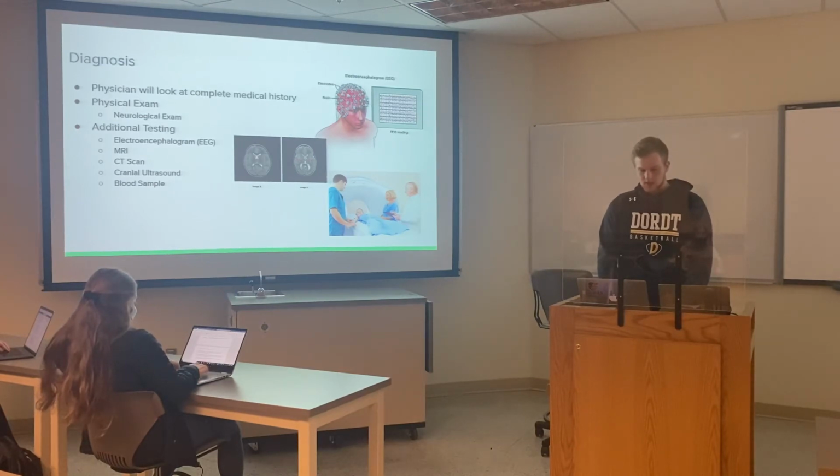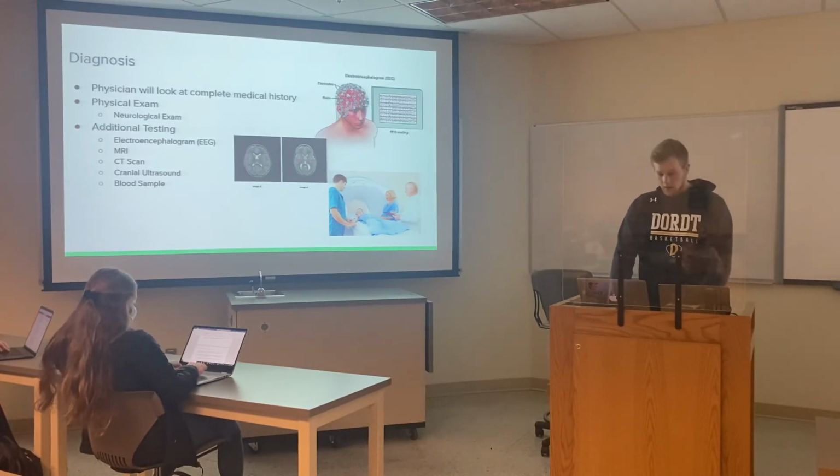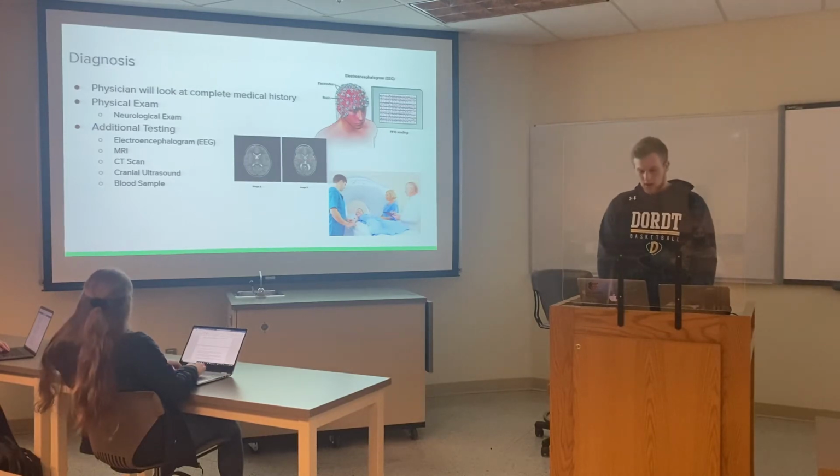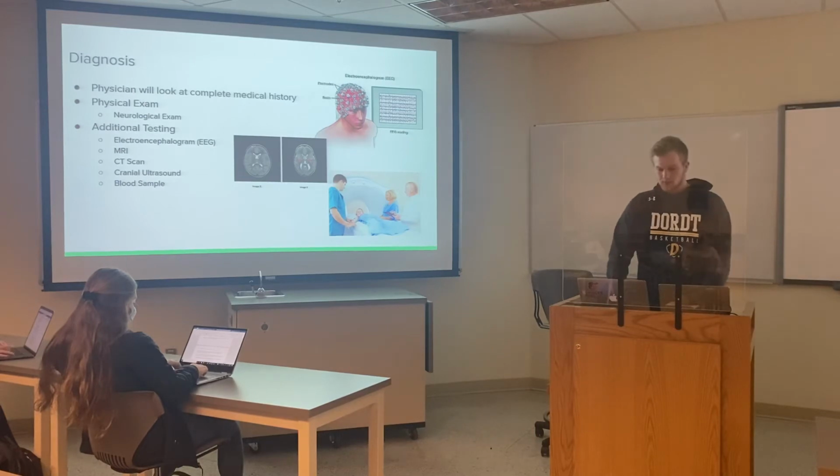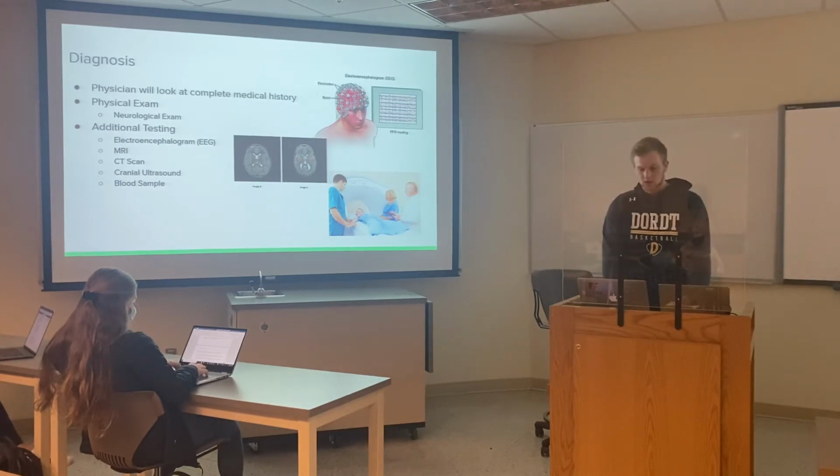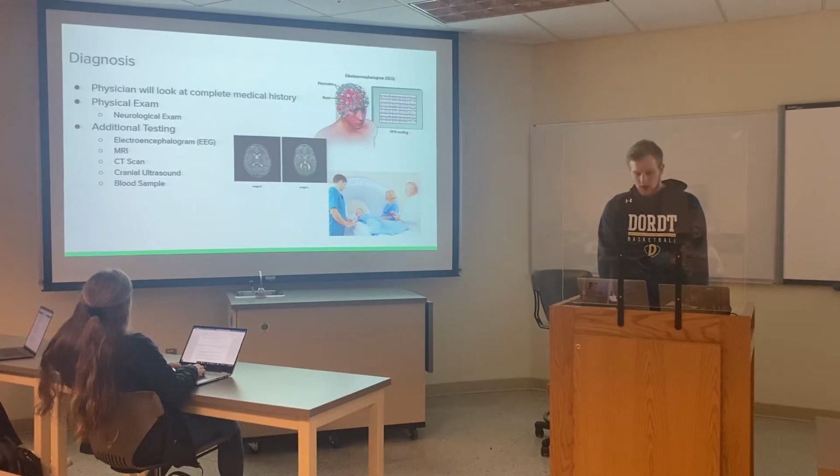Some testing of this involves an electroencephalogram, an EEG, and this is used to observe electrical activity of the brain. An MRI can also be administered, as that can identify injuries or abnormalities of the brain. A CT scan can also be ordered, and this creates cross-sectional pieces of the brain and can find any brain damage, just another way of looking at the brain and seeing what's going on.